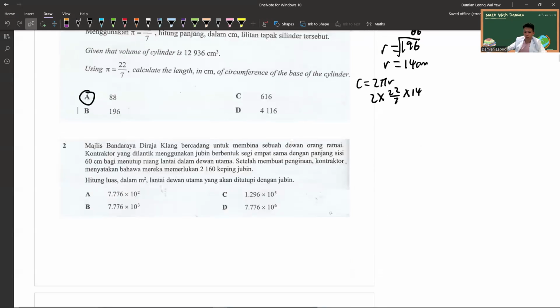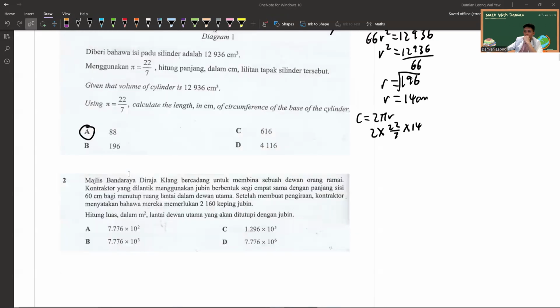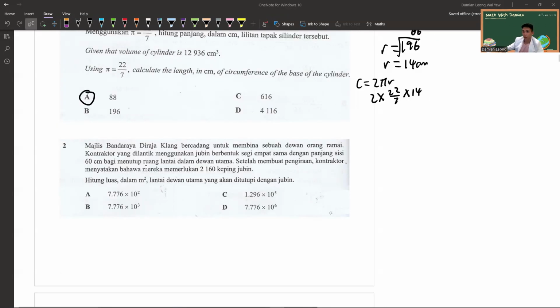Now, question 2. Here we just want to find the area. Here we only have the question in Malay, but I'm sure everyone can understand. Basically, we want to build a hall.